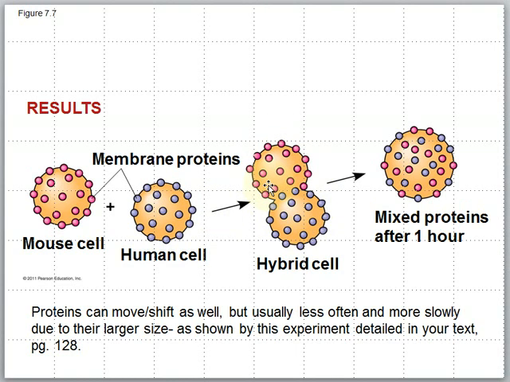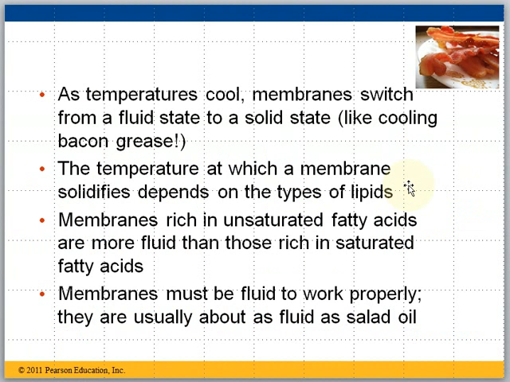But once they fused together, after 1 hour, they looked at where those cell proteins were distributed on the cell membrane, and they were pretty mixed together. That tells you that the human cell proteins traveled and moved around on this cell membrane, and the mouse cell proteins did as well. So these proteins also shift and laterally drift around, but not as much as the phospholipids themselves.